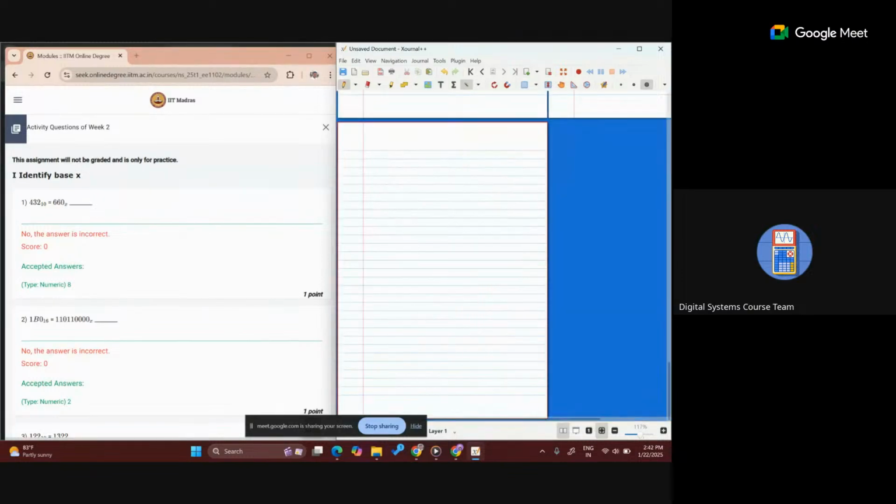6x square plus 6x plus 0, right? Okay, equal to 432. Taking 6x common, we'll get x plus 1 equal to 432.